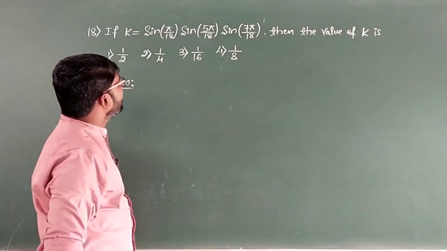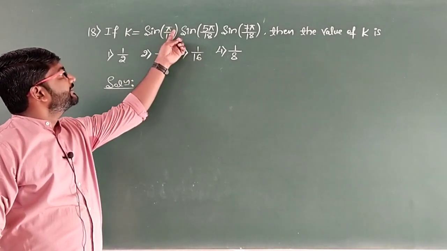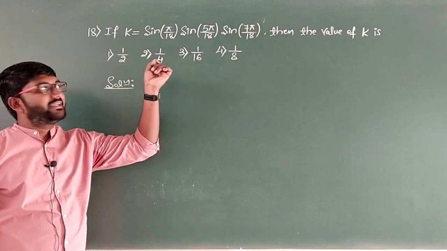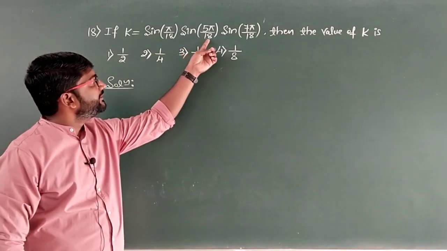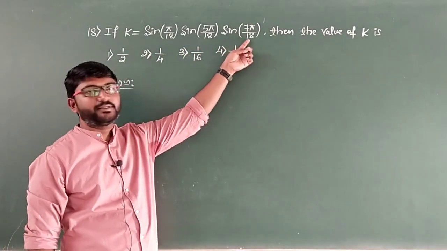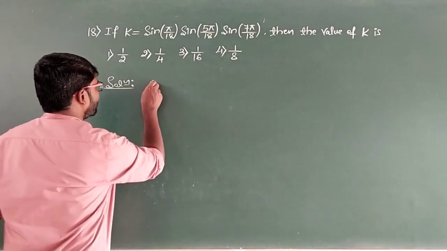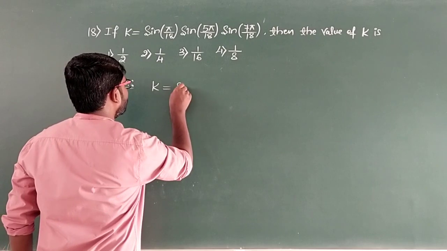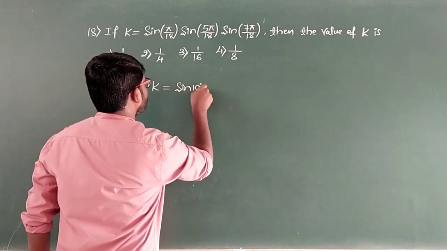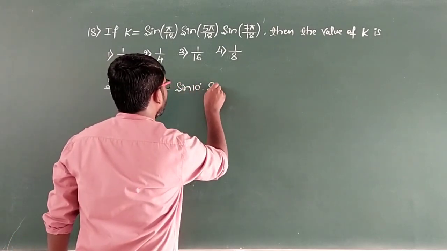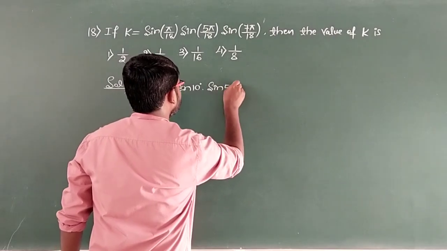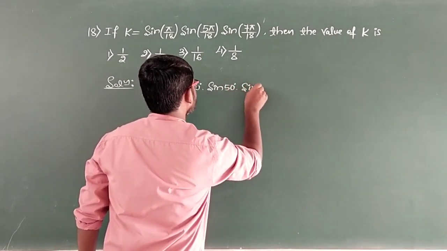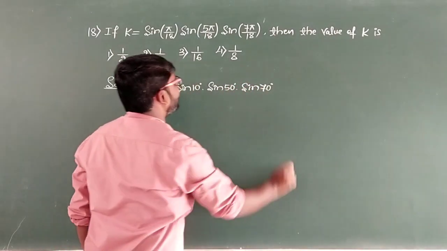So pi by 18 means 10 degrees. Convert this in terms of degree. It is 10 degree, this will be 50 degree, this will be 70 degree. So overall it can be written as k equals sin 10 degree into sin 50 degree into sin 70 degree.